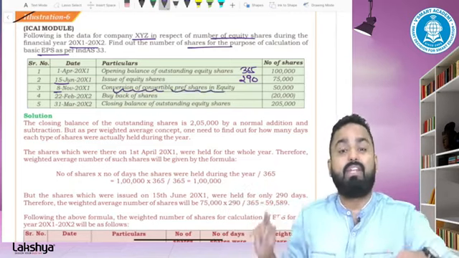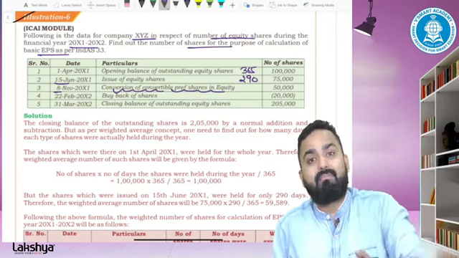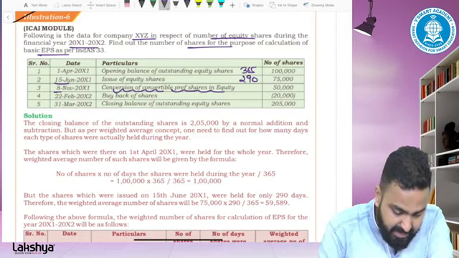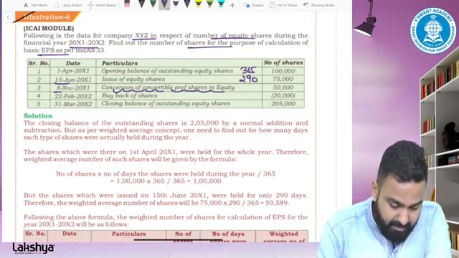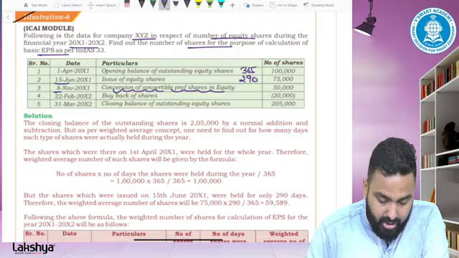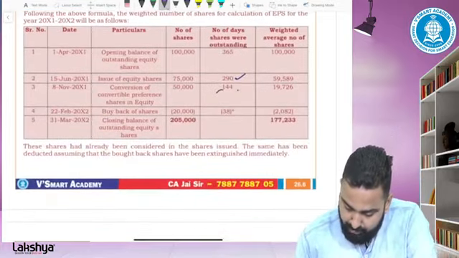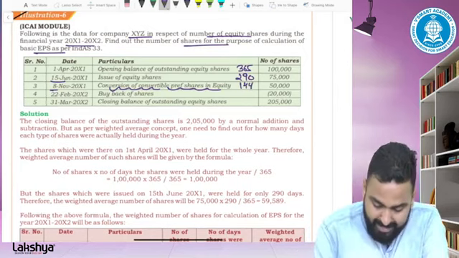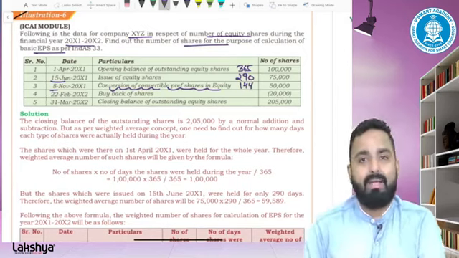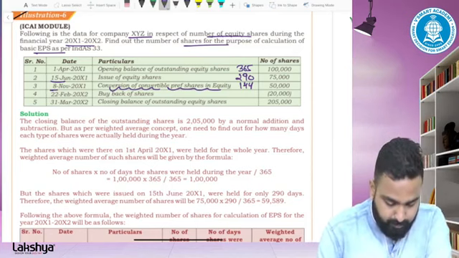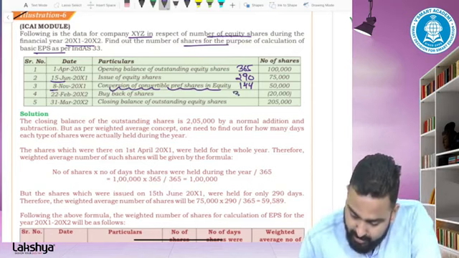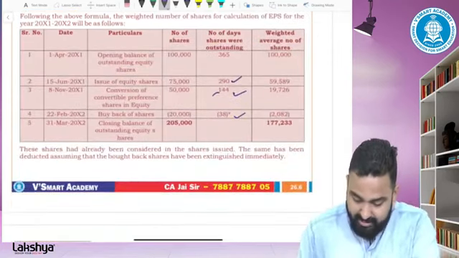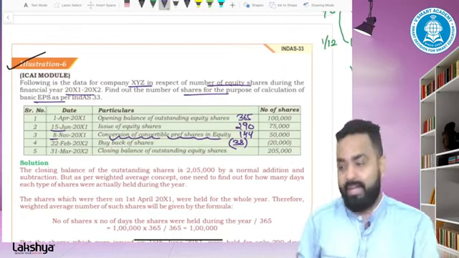They will become equity from 8 November, so they are treated as equity shares from 8 November. 30 minus 7, then November, December, January, February, March, so it is 144 days. Buyback, 22 February, it should be 38 days, but it should be deducted, 38 to be deducted.